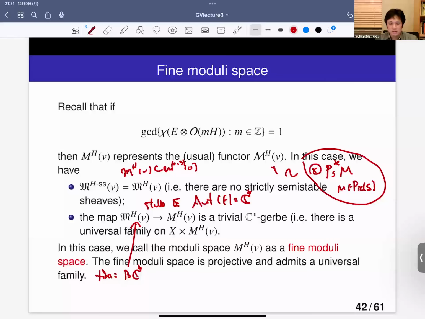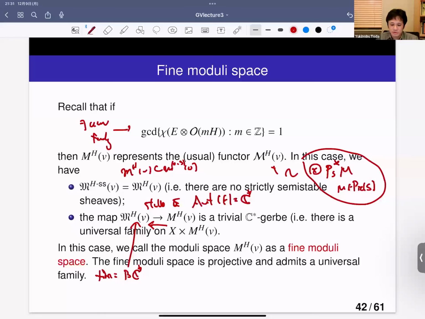But this condition implies that there is a universal family. So this implies that there is a map from this moduli space to here, which gives a section of this C star gerbe, which makes this gerbe trivial.